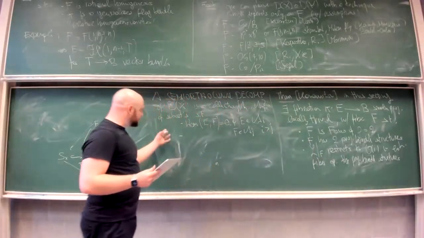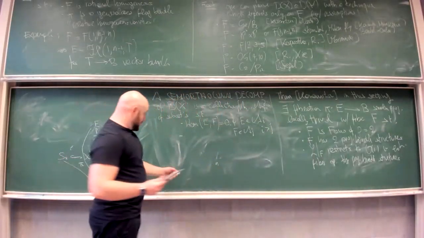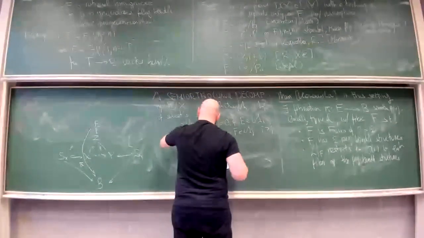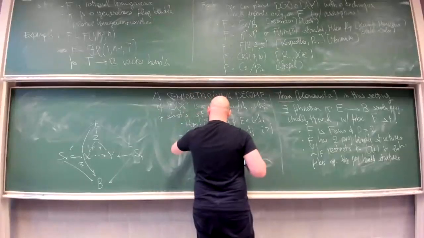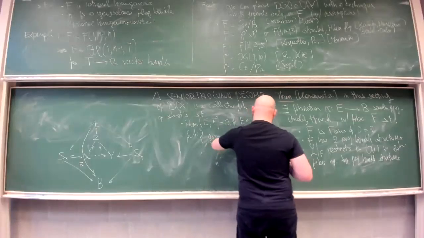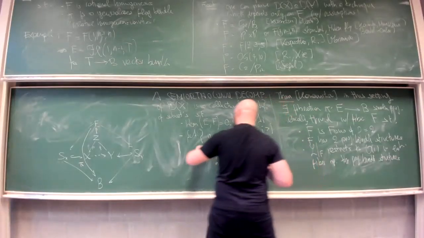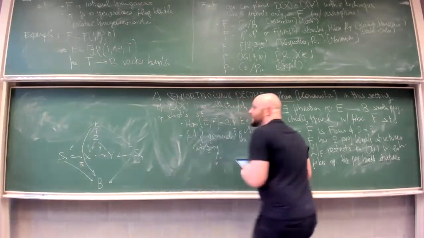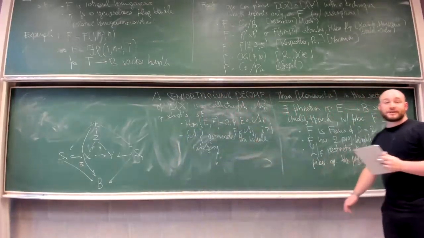And also you have this: I say that the AI, this collection, generates the whole category. And it's like what I said before for the category of the projective space.